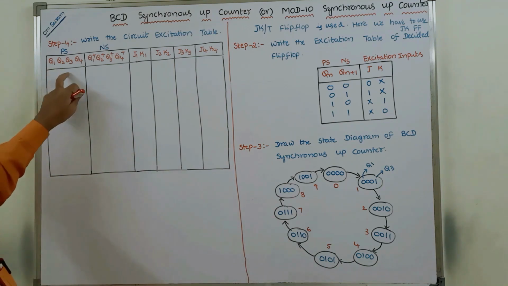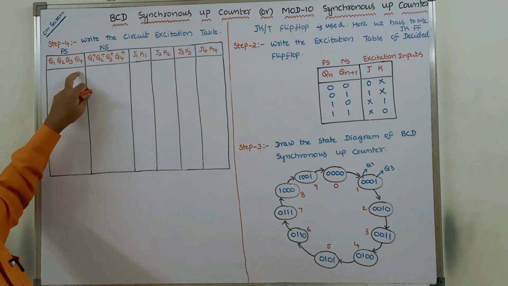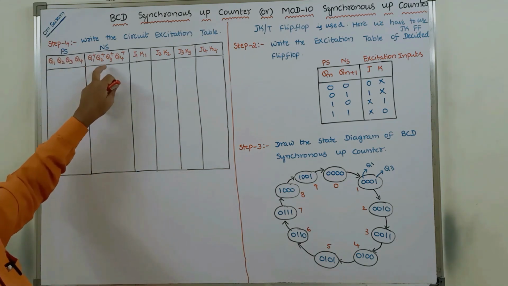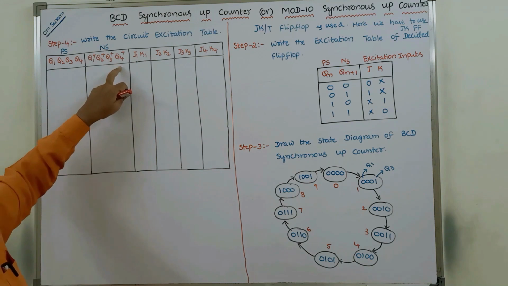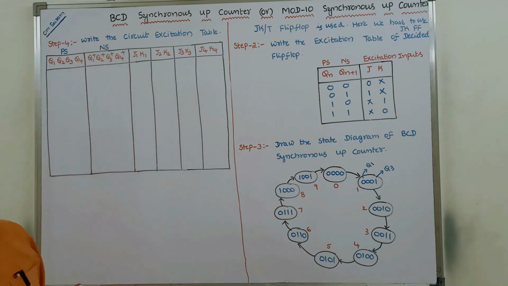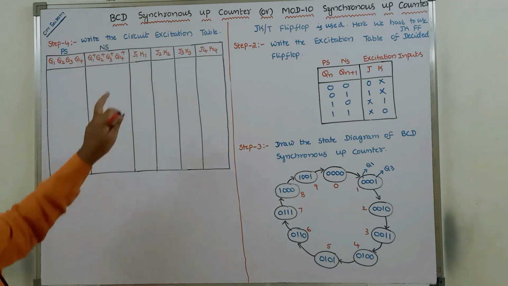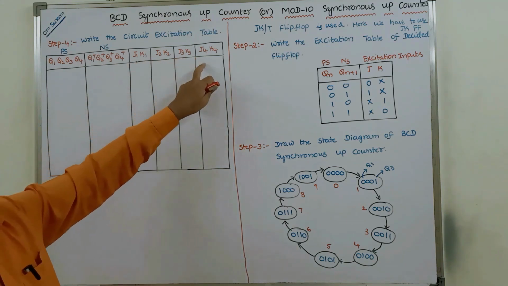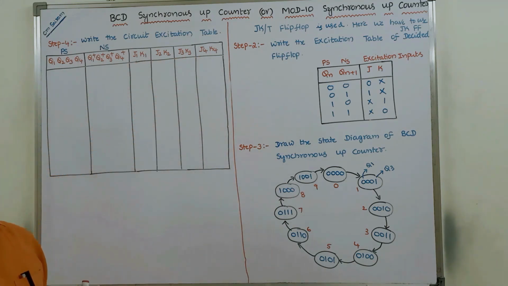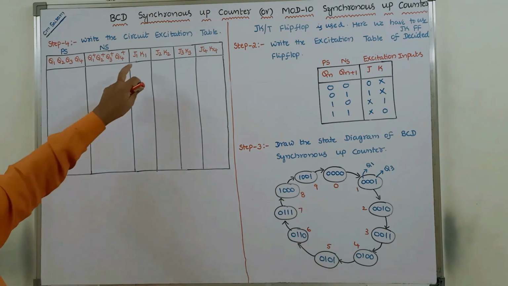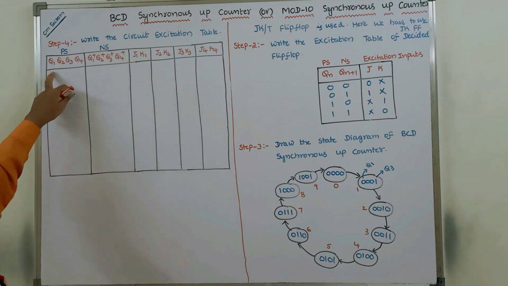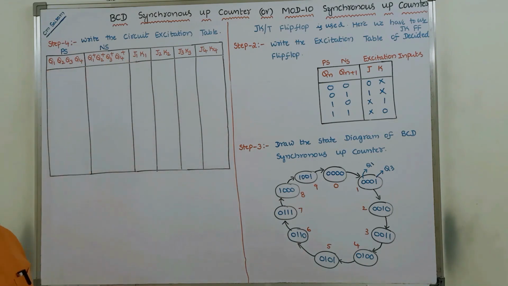Q1, Q2, Q3, Q4 belong to the present state, whereas Q1 plus, Q2 plus, Q3 plus, Q4 plus represent the next state. Now, J1, K1, J2, K2, J3, K3, J4, K4 are called excitation inputs. Okay, for calculating J1, K1, we have to use Q1, Q1 plus as inputs.